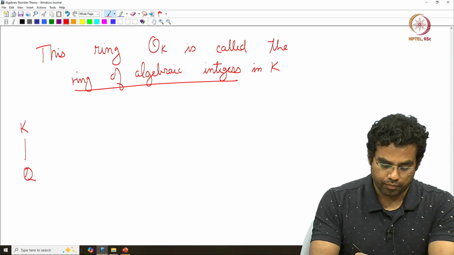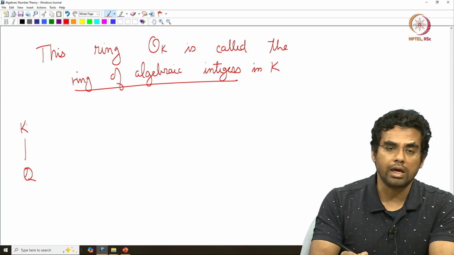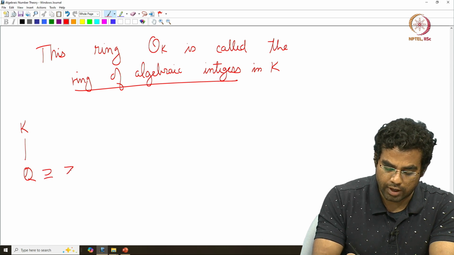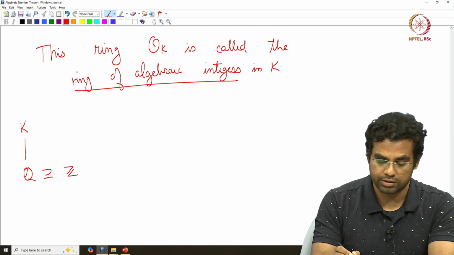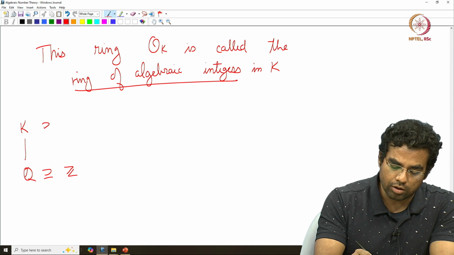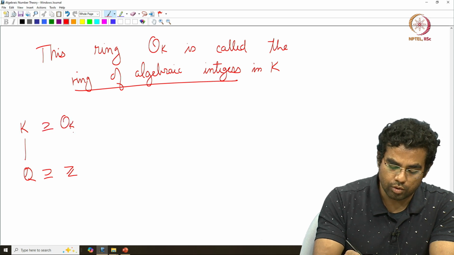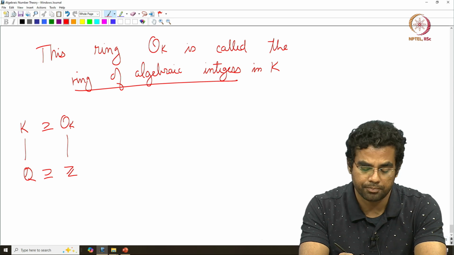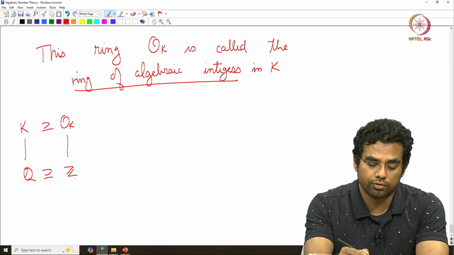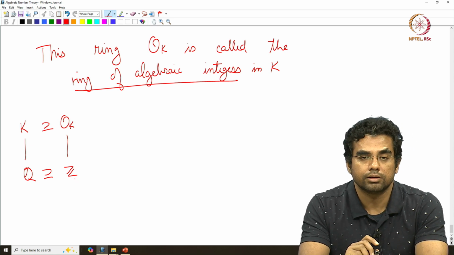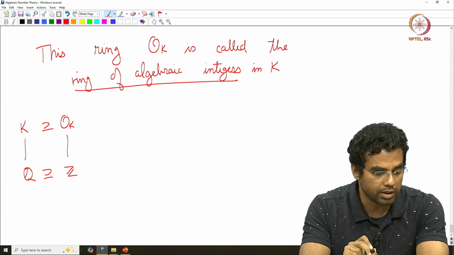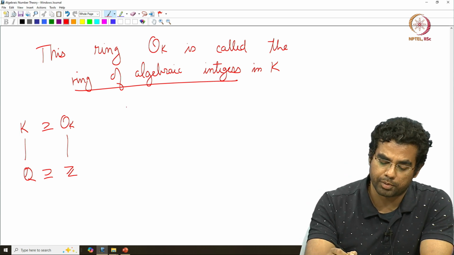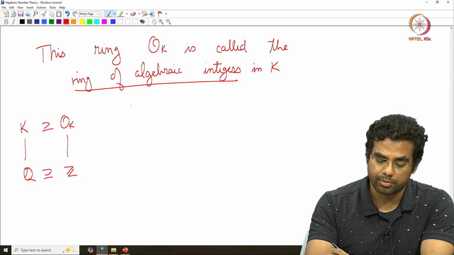Q is at the base and then K is a finite extension of Q. Inside of Q we have Z, these are the integers, and the analog of this in K is the ring of integers O_K, and you should think of O_K as an analog of Z. So, that is why they are called algebraic integers, and we are going to prove a bunch of properties of these algebraic integers.